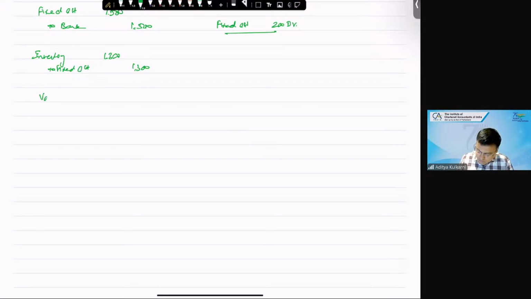So variable overhead absorption is equal to rupees 2,600 divided by 6,500 labor hours. So this is equal to rupees 0.4 per hour. So for the units manufactured, you will allocate 0.4 per hour. Are we okay with this?